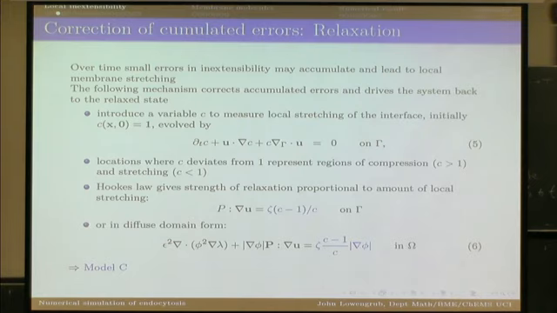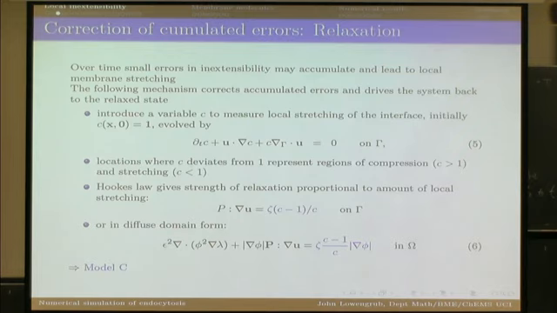So what you really want to do is measure the amount of local stretching. Well, you could measure the amount of local stretching by doing the surface divergence of U, but there's another convenient way to do it, which is simply to do a surface conservation equation, and track that surface concentration. So in particular, if you started with a surface concentration 1 on the interface, and you're exactly conserving it, then if it deviates from 1, if it's bigger than 1, it means you compressed, and if it's less than 1, you expanded.